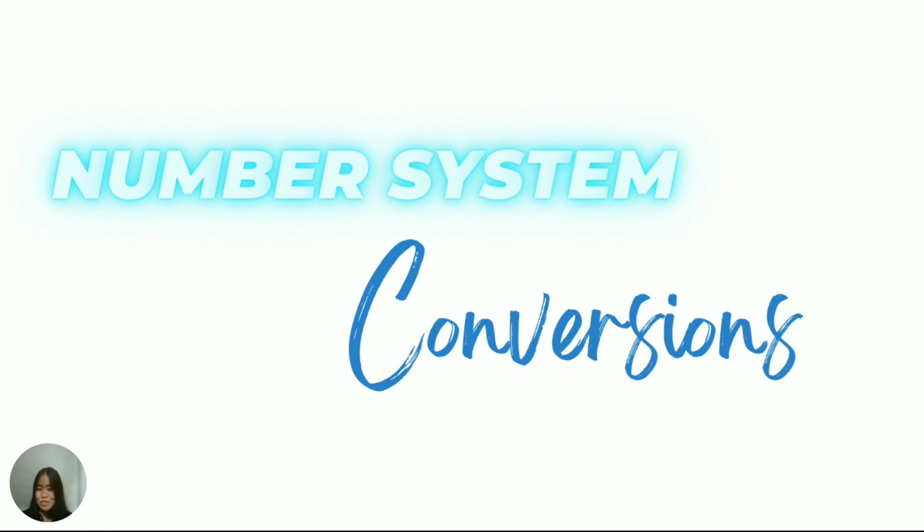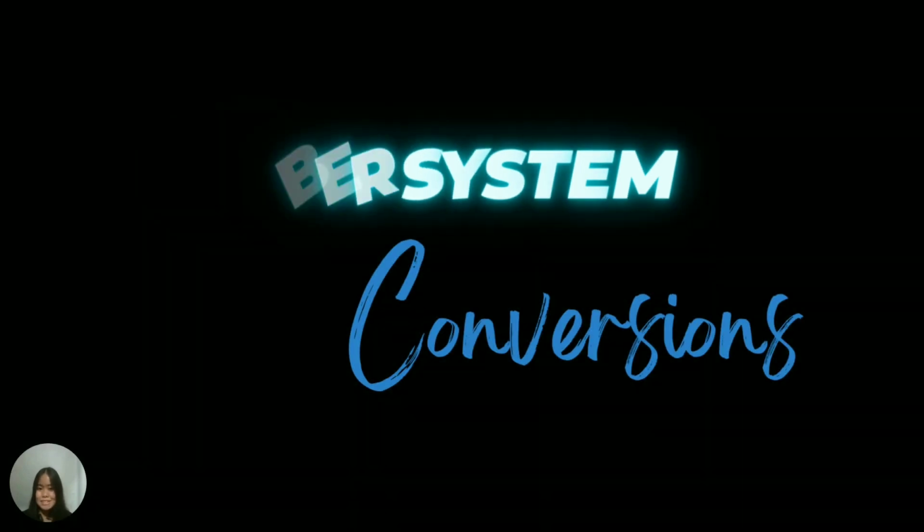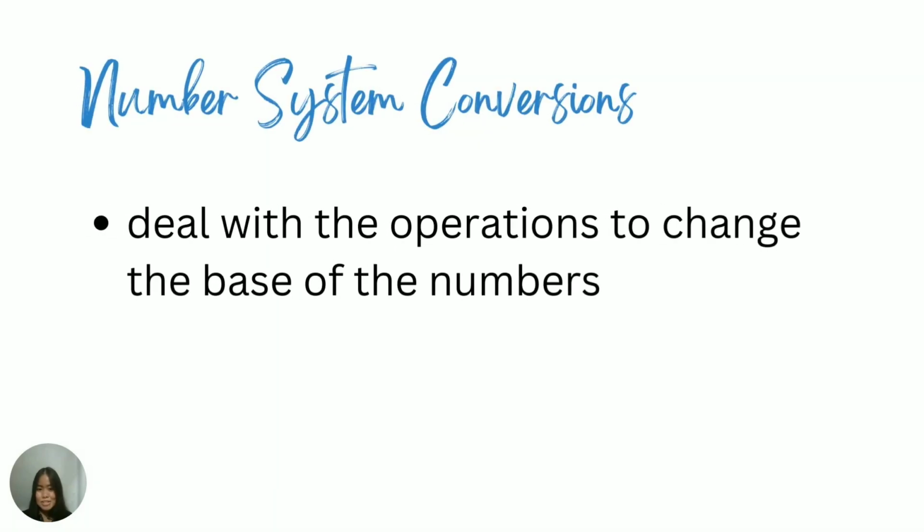And now, at this juncture, we will study how to convert a number of one base to a number of another base, since number system conversions deal with the operations to change the base of the numbers. We can also perform different arithmetic operations such as addition, subtraction, and multiplication on number systems.